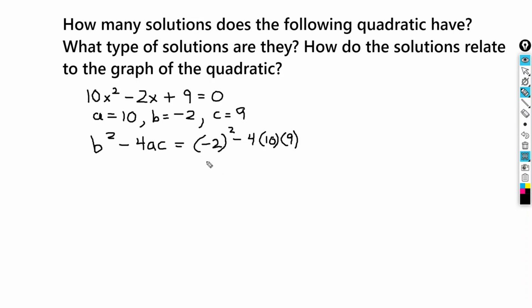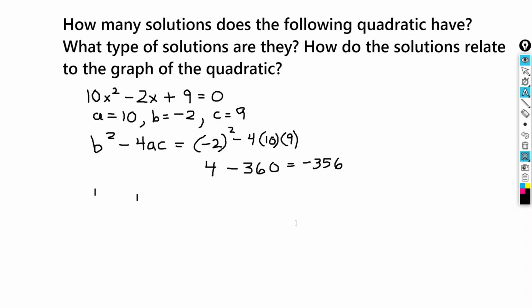Okay, so -2 squared is +4, and then 4 times 10 times 9 is 360. So we have 4 minus 360, which is going to give us -356. Okay, so we have a discriminant that is less than 0.